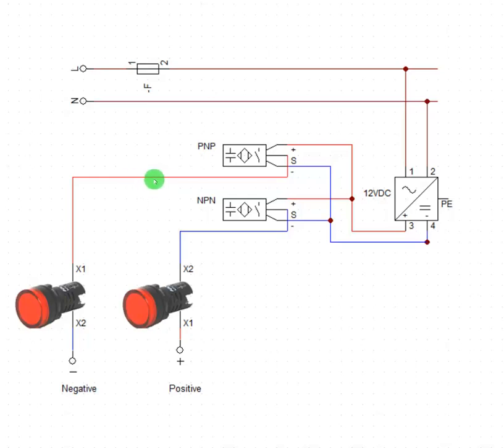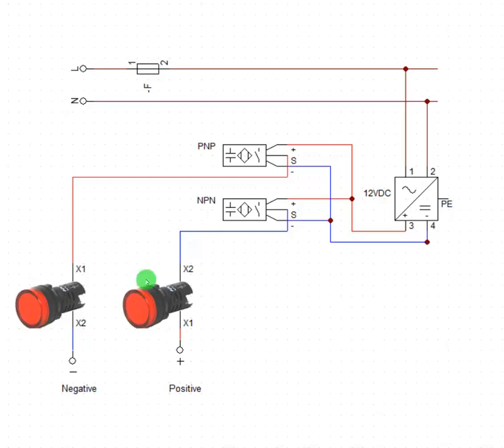That means the output from the sensor is going to be a positive output. Then NPN simply means that when the sensor is activated, it's going to produce a negative signal. Take a look at this. I use red here so that you know that this is a positive line. Then I use blue here so that you know that this is a negative line.